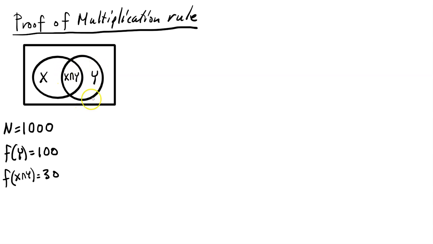So of those 100 in Y, 30 of those have ended up in the overlap. That means that the probability for ending up in X, given that we know that the outcome ended up somewhere in Y, that probability is 30 divided by 100.